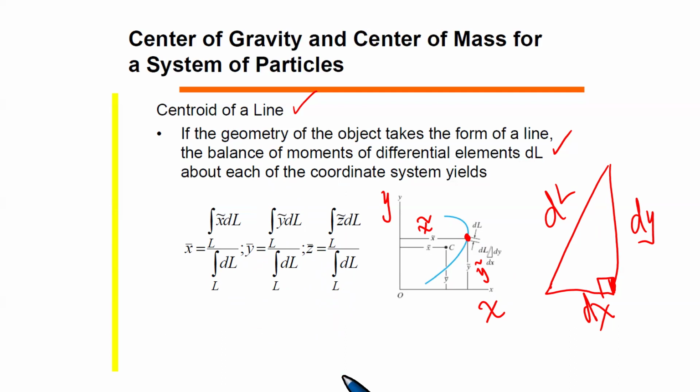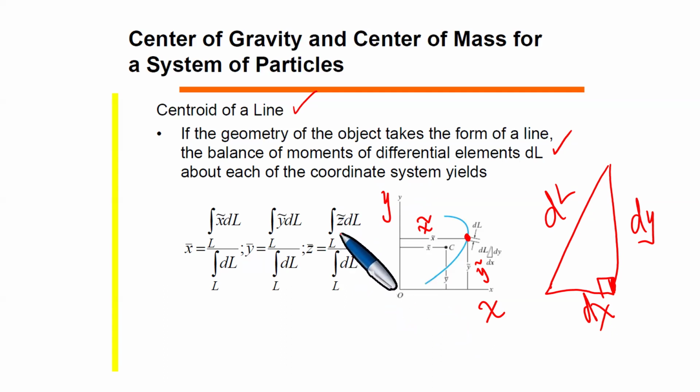The z bar is the integral of z tilde dl divided by the integral of dl over the length L.